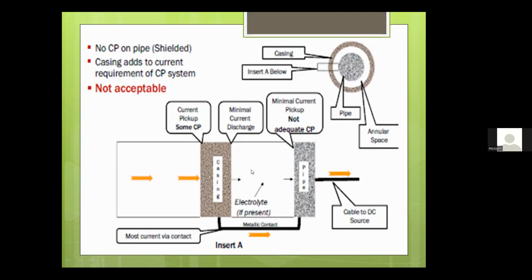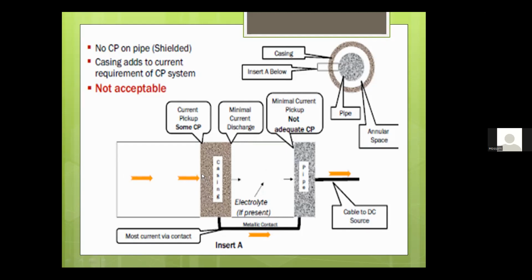Here there may be electrolyte or maybe no electrolyte. If a short happens, it's like we connect a wire between the surface of the pipe and the surface of the casing. This is the direction of the cathodic protection current from the soil to the casing.